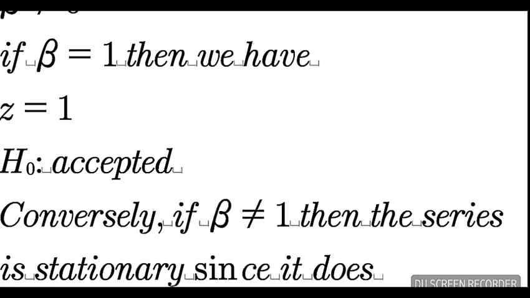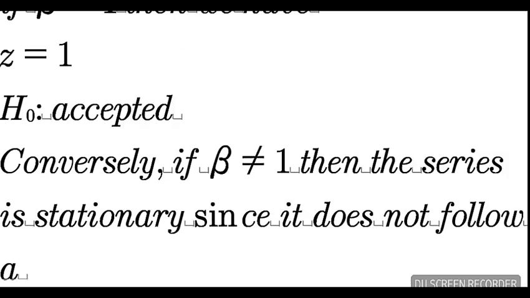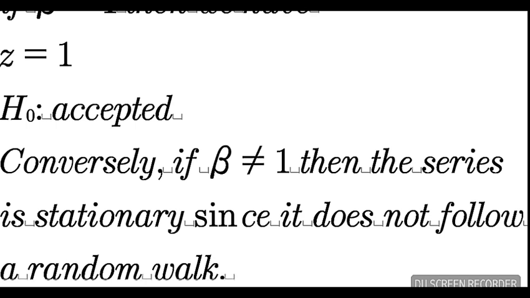At this point z is different from unity. That is, z could be higher than unity or less than unity. Whichever the case is, it shows that the series does not follow a random walk, and the time series is stationary.